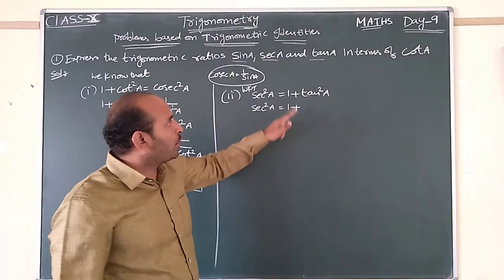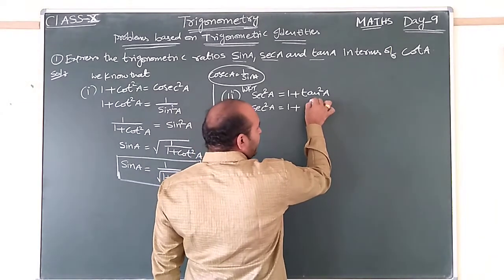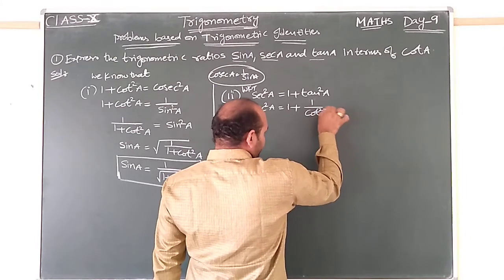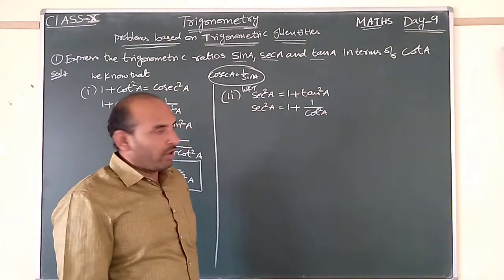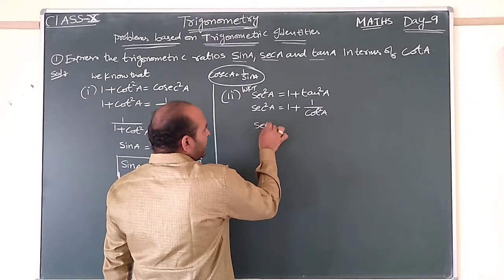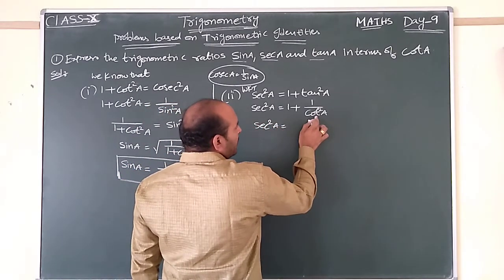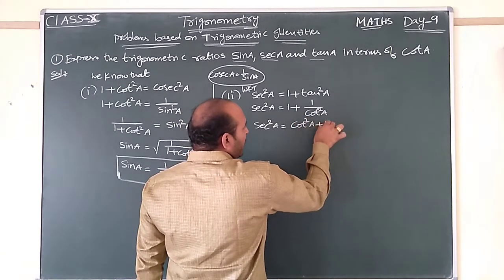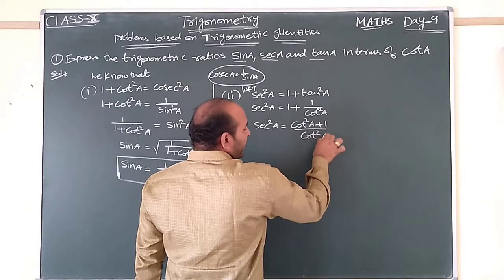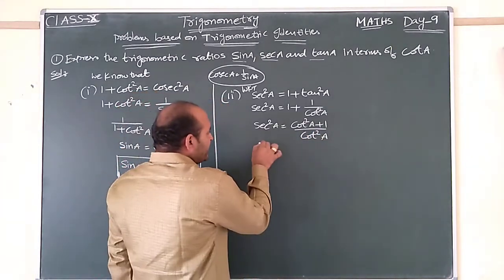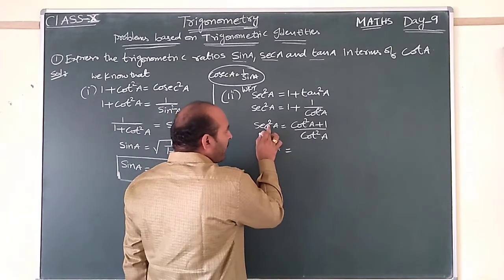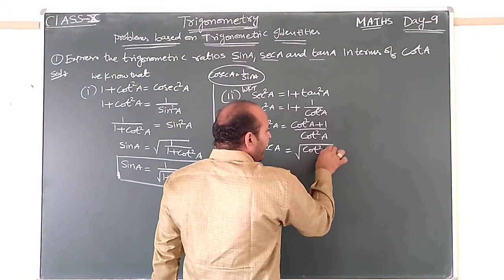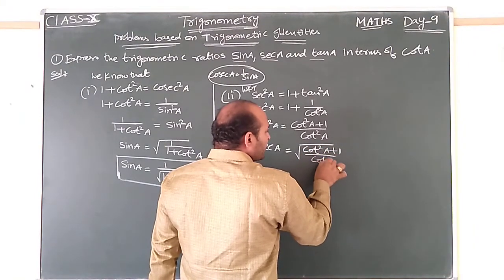So secant square A is equal to 1 plus 1 divided by cot square A, because tan A is equal to 1 by cot A. Taking LCM, secant square A is equal to cot square A plus 1 divided by cot square A. I want only secant A, so applying the square root on this side, secant A is equal to root of cot square A plus 1 divided by cot square A.